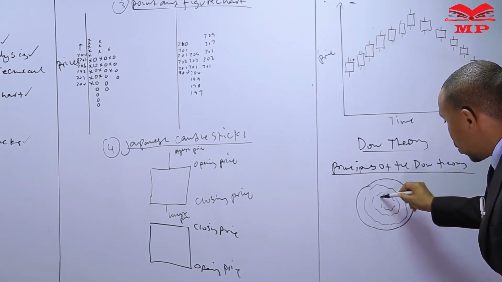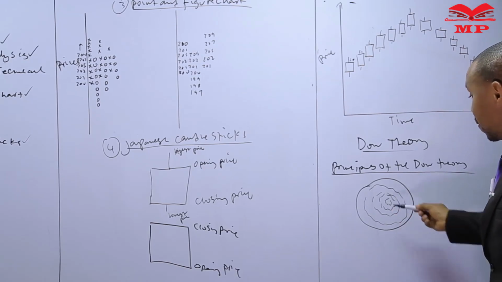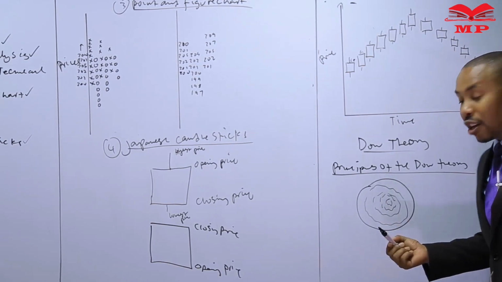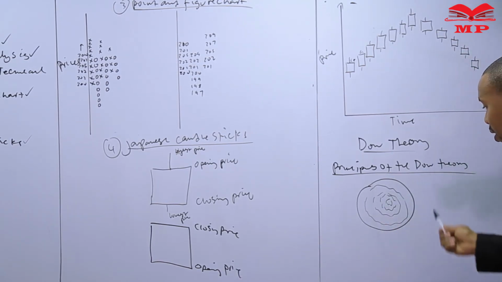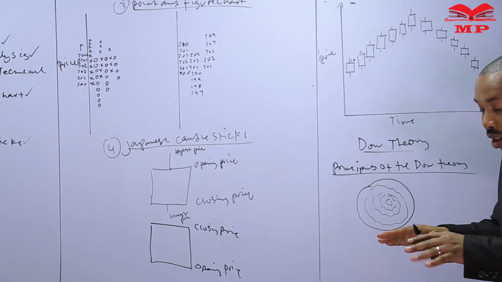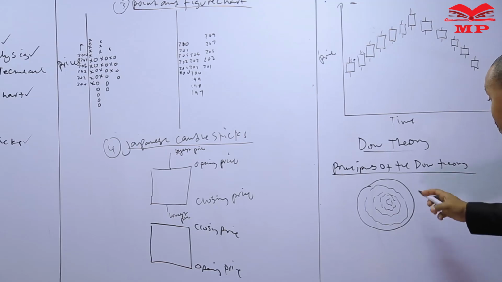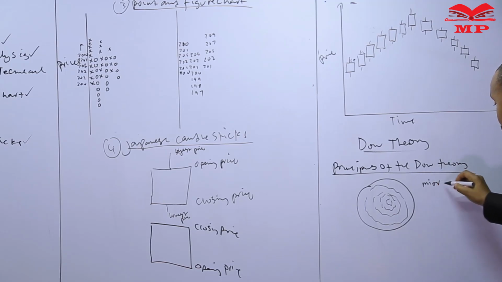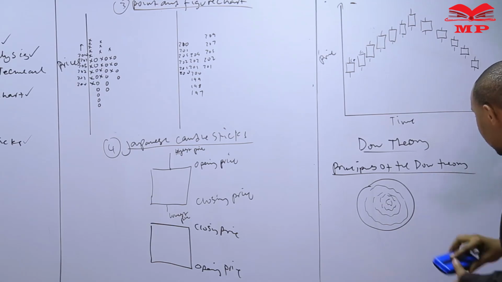Those are representative of the minor movements. If you hit a cooking pot full of water slowly, you'll see ripples moving like that. That represents the minor movements.